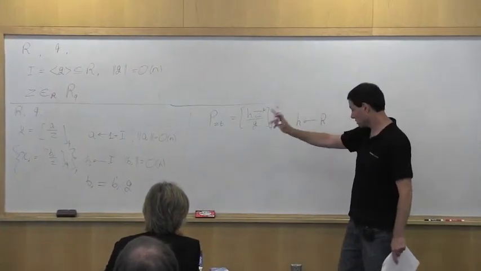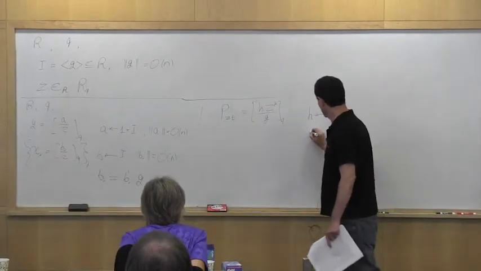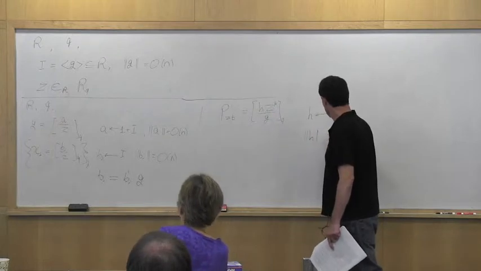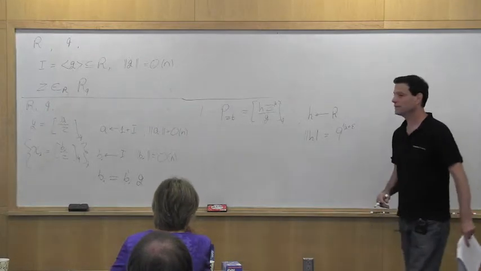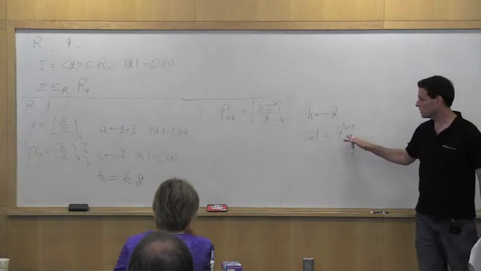I don't particularly care what distribution it falls in. What I do care is that the size of H is q to the half plus epsilon. It's a little bigger than square root of q, but much smaller than q itself.